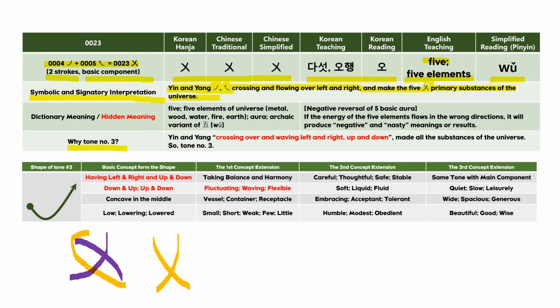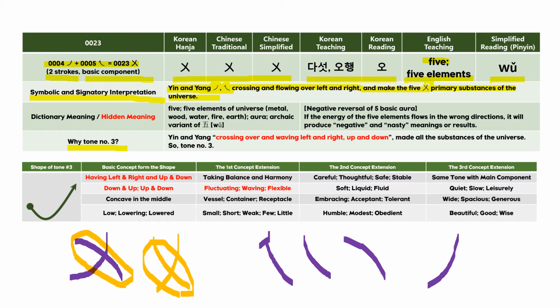This part of this character and this part of the former character are all the same because this character, we write this and we also can write this. It's a stroke change. Okay, so this character meaning 5 elements, just like this we write.